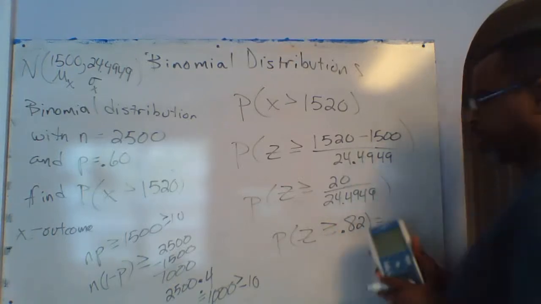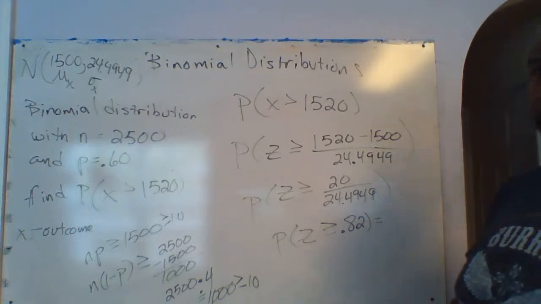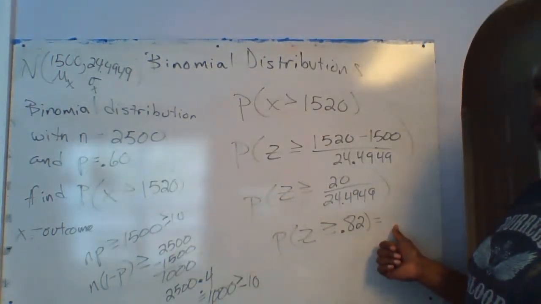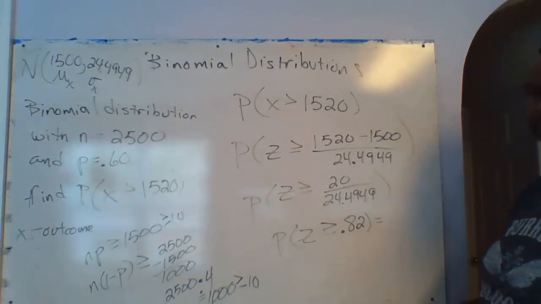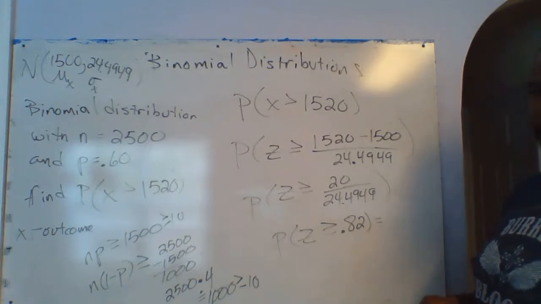Then we're just going to look that up on the table. What is the probability this is going to occur? Somebody look it up on the z-score table for me.